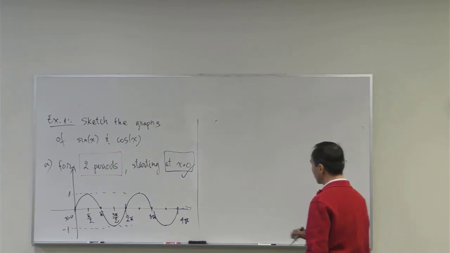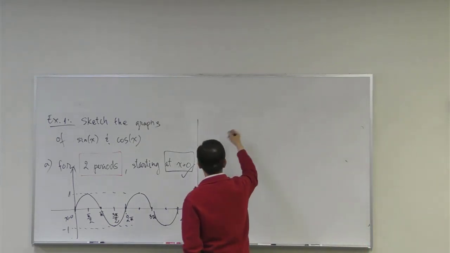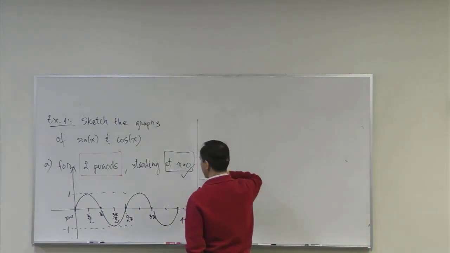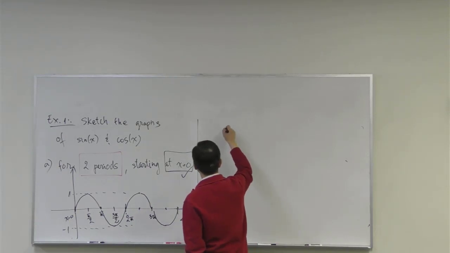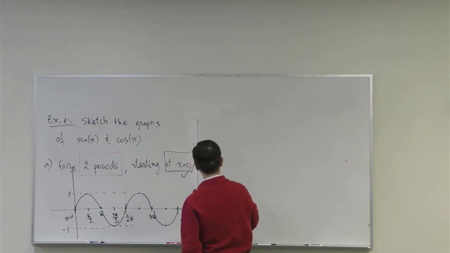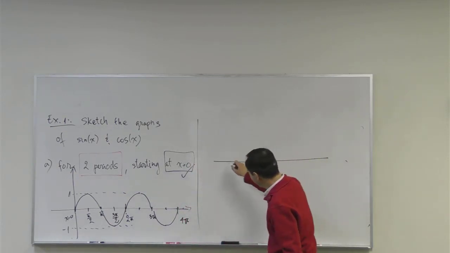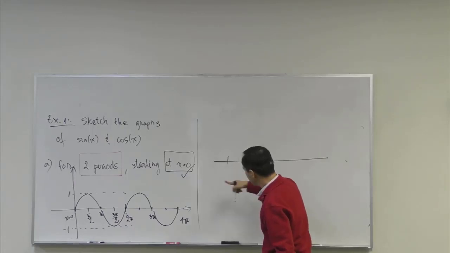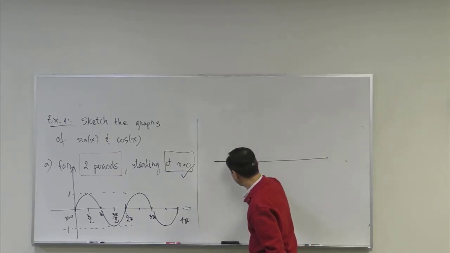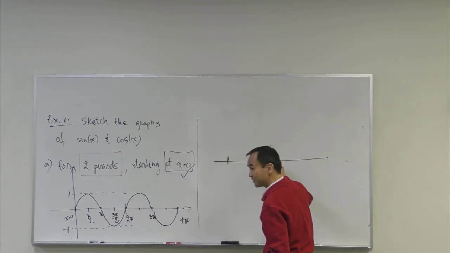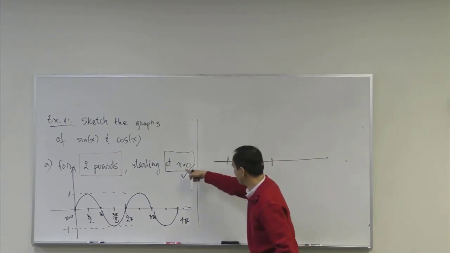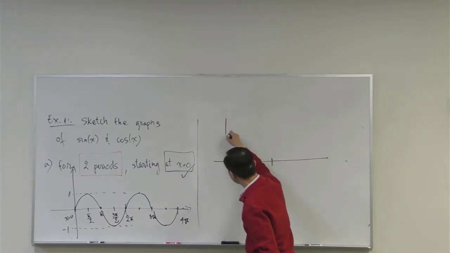And so just like that for my cosine, we're still in part A of the example. My cosine we want to do. Once again, I want you guys to get into that habit: draw the center line. Whatever the start is, we call that the start at 0. If we want to start at x equals 0, you put the y-axis right there.